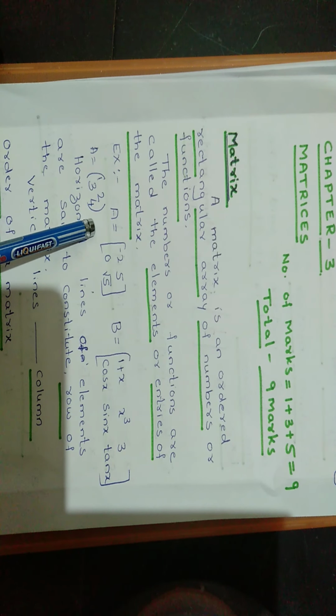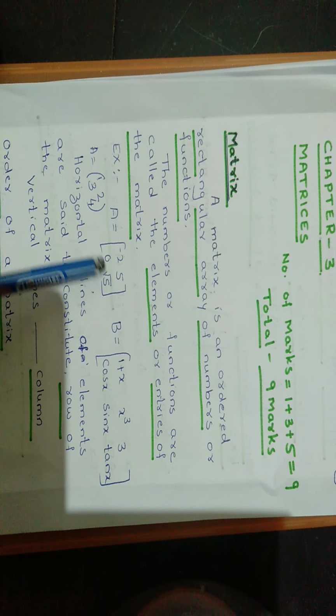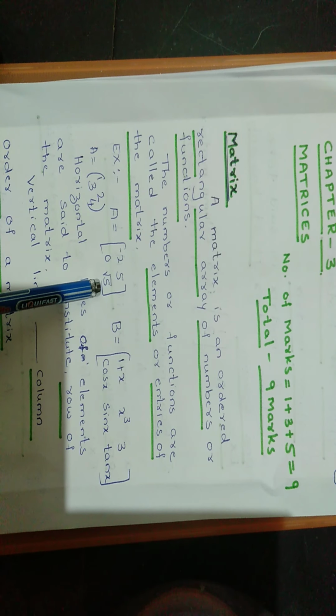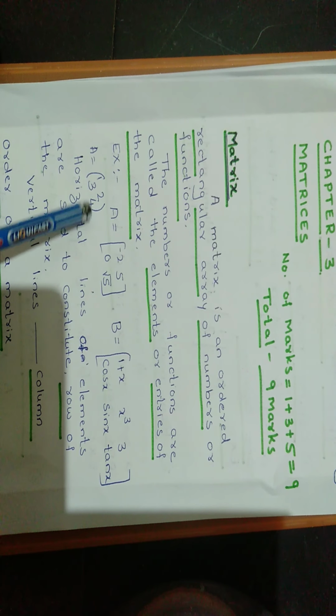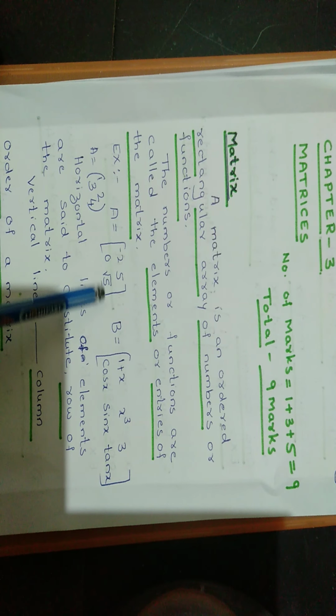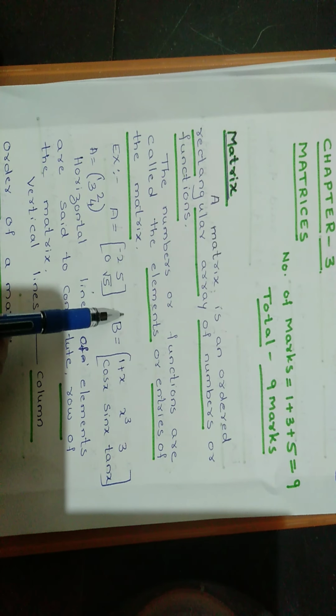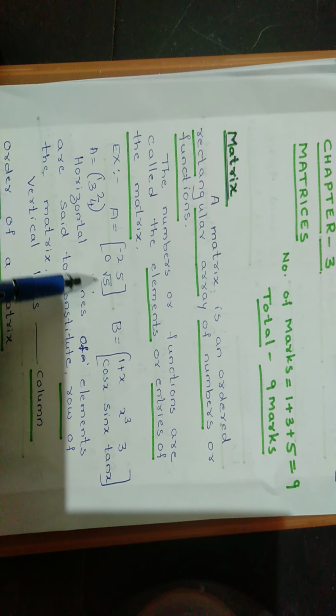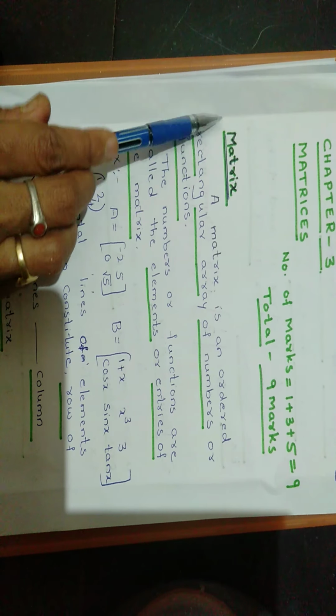Example: A is equal to -2, 5, root 5. This matrix is a systematic arrangement of numbers in rows and columns, so we call it a matrix.